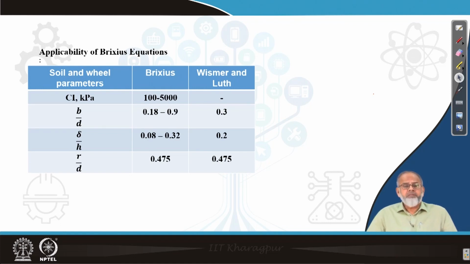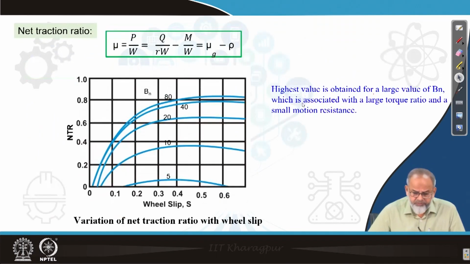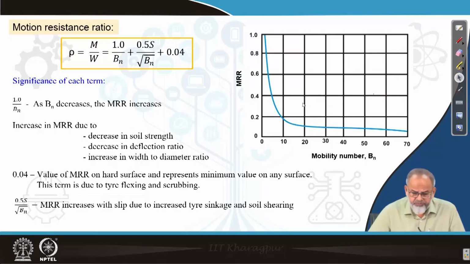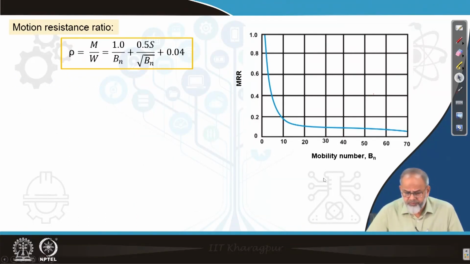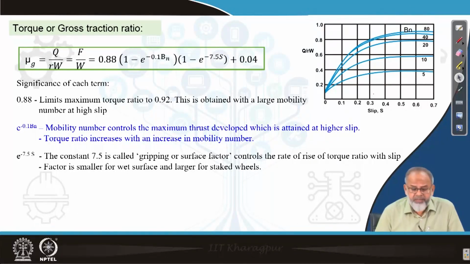Rather, Brixius has indicated that you can change the coefficient values so that they can be applied to radial tires. Let me go back to the equation to see what changes he has suggested.